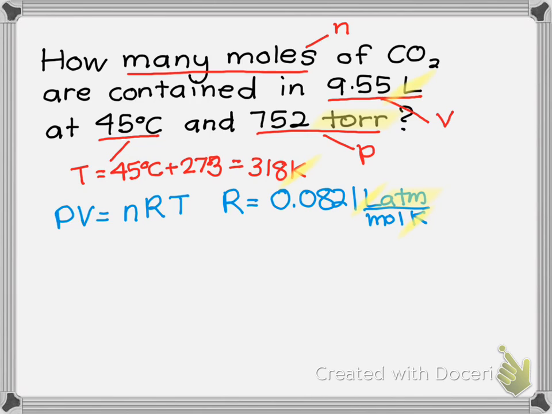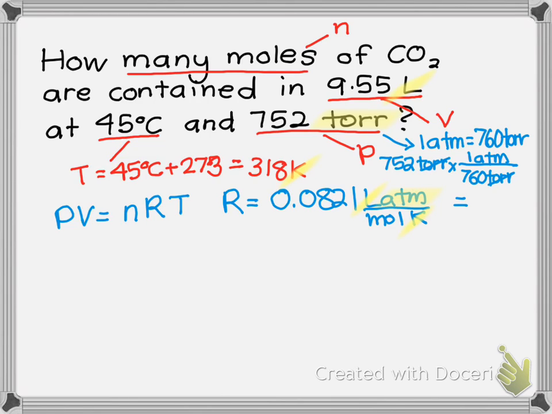So before I even get going, I have to convert torr into atmospheres. So I remember that 1 atmosphere equals 760 torr. I actually give that to you. So I say 752 torr, and I'm going to put 760 torr on the bottom, so my torrs cancel.